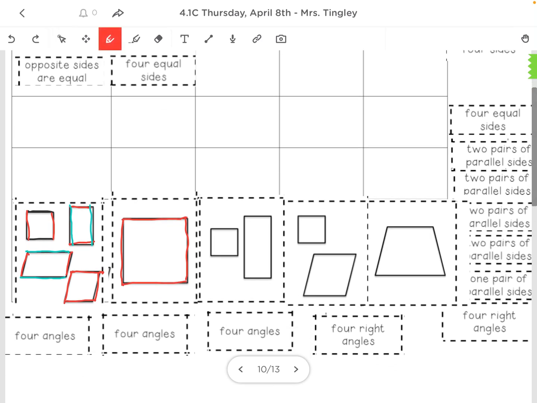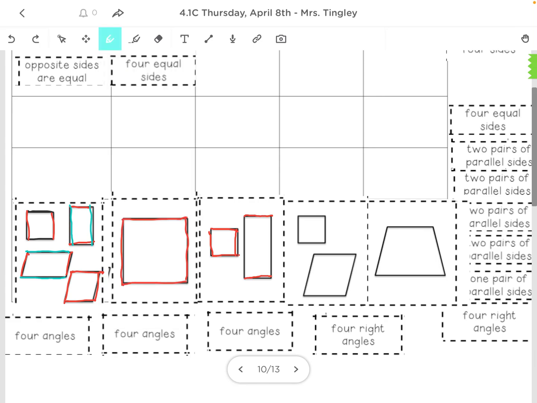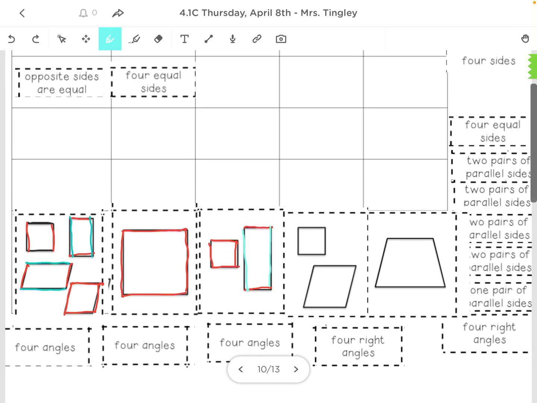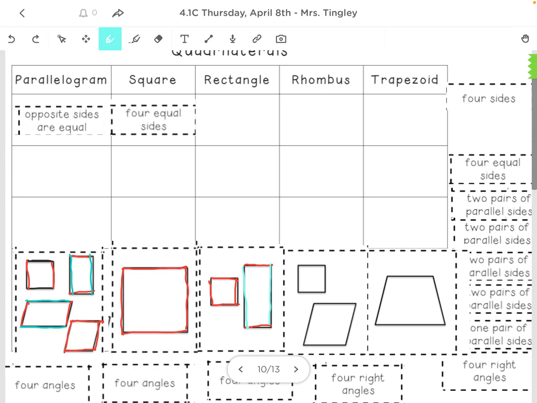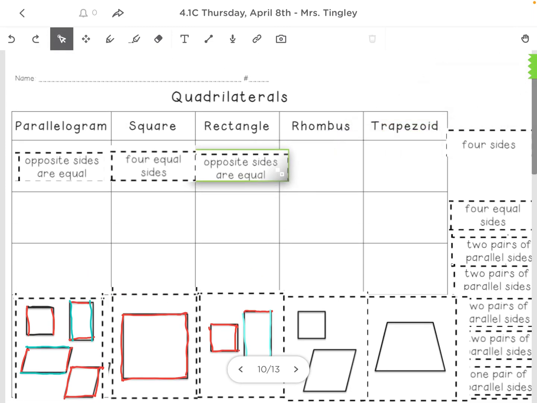What about a rectangle? Let's look at the sides of a rectangle. Well, a square is a kind of rectangle, and a rectangle has opposite sides that are equal. Go ahead and label those as I am. The opposite sides are equal. So all rectangles have opposite sides that are equal.